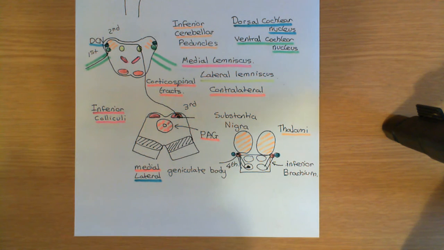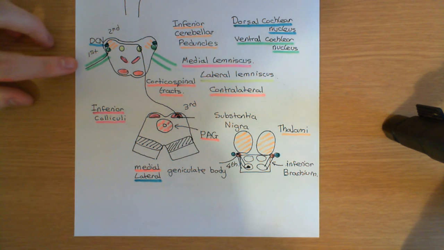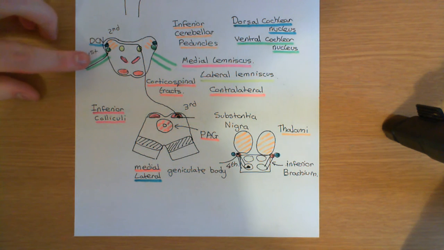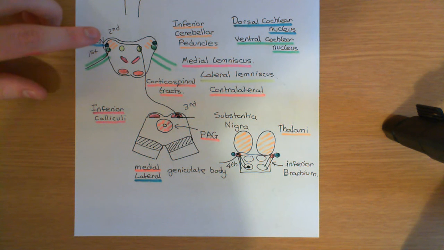Right, so what we've seen so far is here comes the central process of the bipolar neuron, and this is for every single bipolar neuron that is coming in the vestibulocochlear nerve. Each one of them is going to synapse on a second order neuron which has its cell body in the dorsal cochlear nucleus.